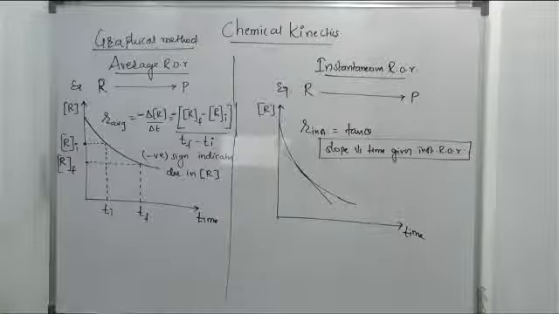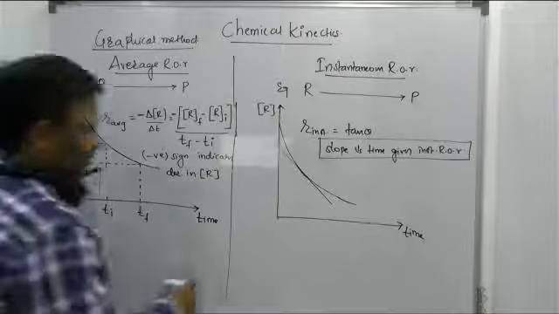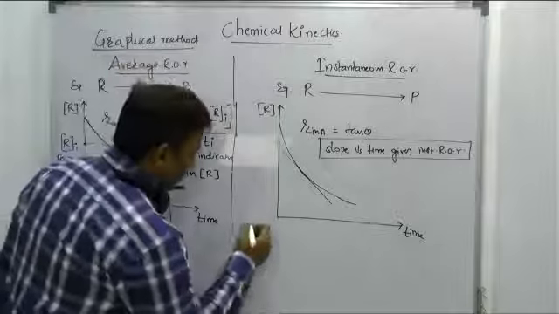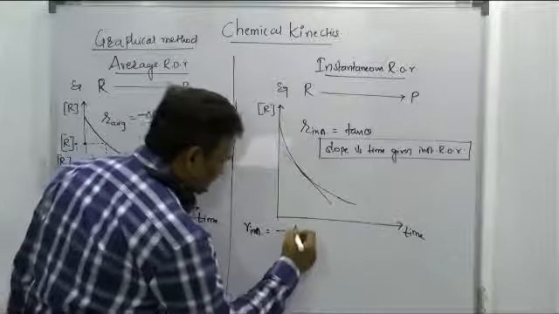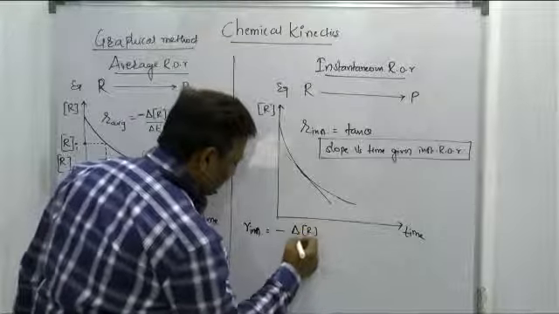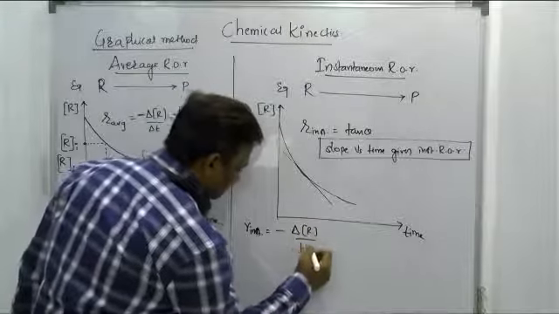Sir, how to get the instantaneous rate? It is the change in the concentration of the reactant with respect to time. Instantaneous rate is equal to change in the concentration of reactant with respect to time.